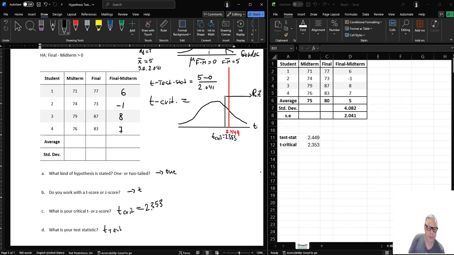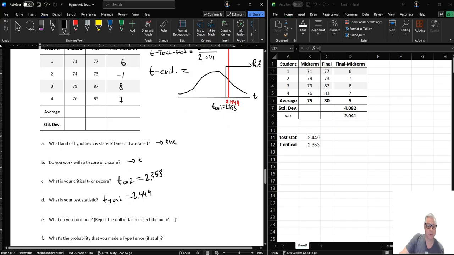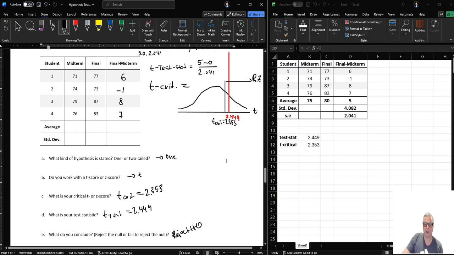T-test 2.449. And then we said, of course, we will reject the null. What do you conclude? So we reject the null. Reject H0. But what's the probability that we made a type 1 error?